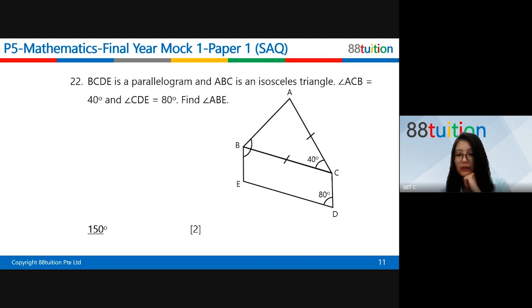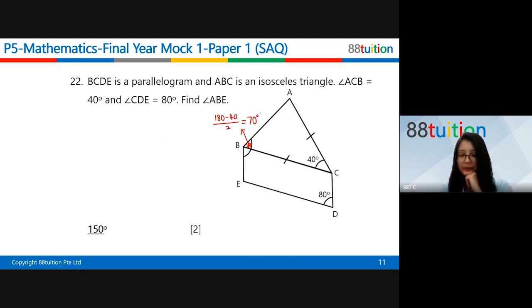BCDE is a parallelogram and ABC is an isosceles triangle. ACB is equal to 40 and CDE, it looks like a cake, right? CDE is 80. We can first find this angle here. Because it's an isosceles triangle, we always minus the odd one and then we divide by 2.